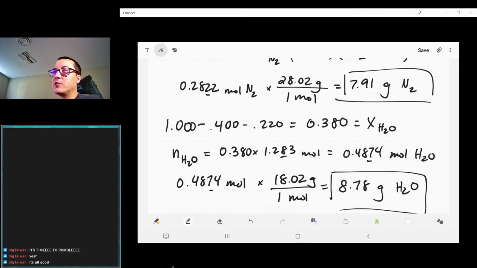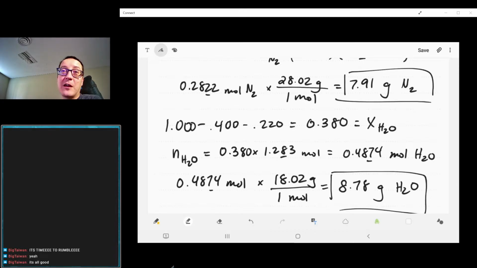Alrighty, any questions? Another way I could ask, so I'm just thinking out loud, is I could say, which of these gases has the most mass in the container.